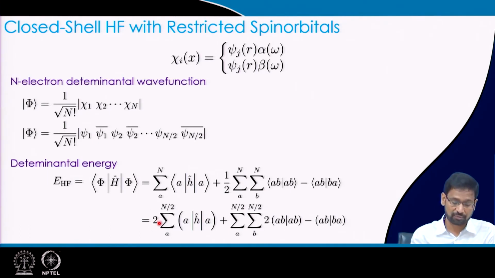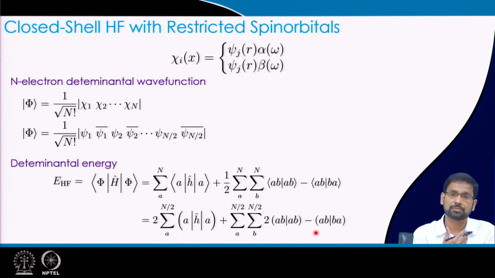Therefore, in the one-electron core energy, I have a sum of n by 2 terms, but multiplied by 2, and in the case of the Coulomb and exchange terms I have n by 2 spatial orbitals. Here I have the Coulomb term twice and the exchange term once, because electrons with parallel spin can contribute to both the Coulomb term and the exchange term, whereas electrons with opposite spin contribute only to the Coulomb term.